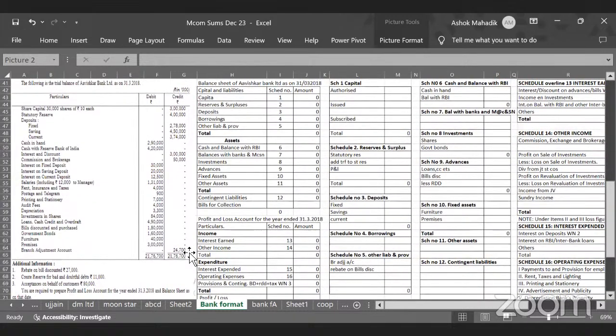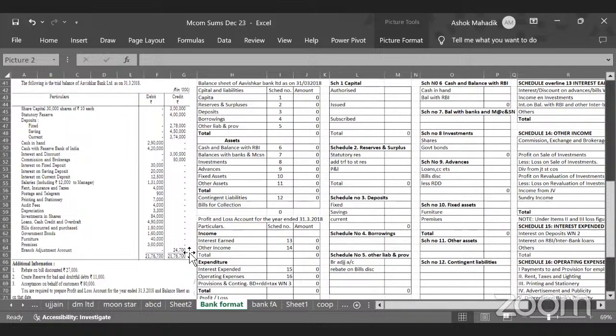When a trial balance is given, it is better, because many times students get confused on interest items. There may be many figures on interest, so it is very difficult to recognize whether it is a schedule 13 item or a schedule 15 item, because interest receivable will be in schedule 13 and interest expense will be in schedule 15.